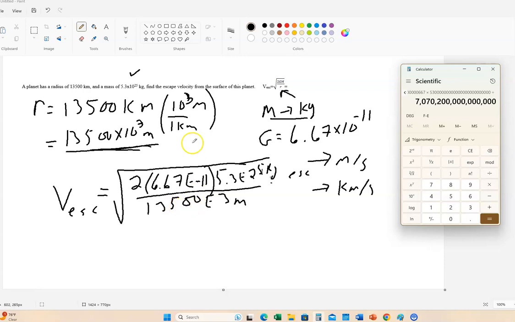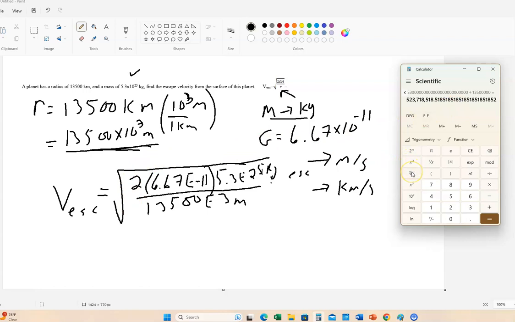By the way, if you wanted to adjust it for some height above the surface, it would be the radius of the planet plus the height. It's just another version of this. So we divide by 13,500 times 10 to the third. This is not our answer; we still have to take the square root.